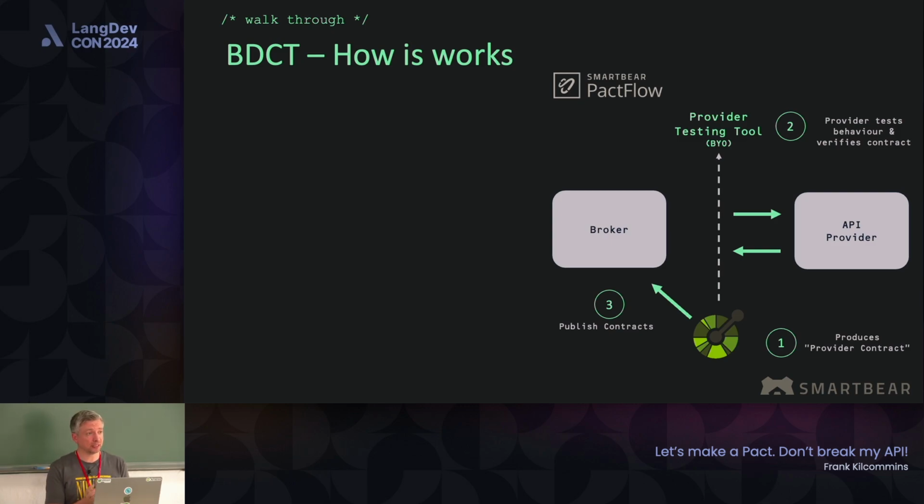You provide those two things, which establish a contract on the broker for you as a provider, and then consumers can interact with the broker to verify if their software will work with the latest published version of your provider contract. So you don't need to be available for consumers to validate if they're still compatible, and likewise, consumers don't need to be available for providers to validate if they are compatible with all of the consumers. So you have your OpenAPI, you have your test proof, using your own testing tool of choice, that this is all good. You publish them to the broker.